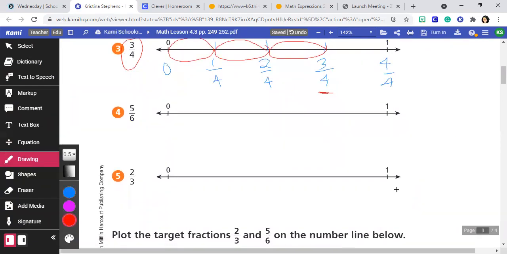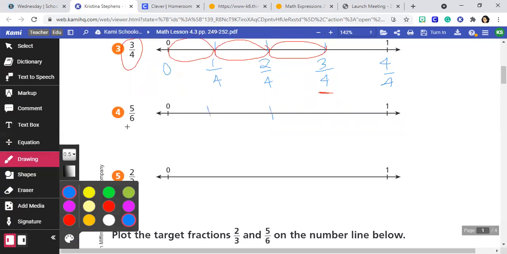Number 4, the denominator tells me that it's a 6, that there are 6 equal parts in between 0 and 1. So I'm going to divide my number line into 6 equal parts. Now I'm going to number, I don't like the way that looks. I'm going to number the points after I fix that one.